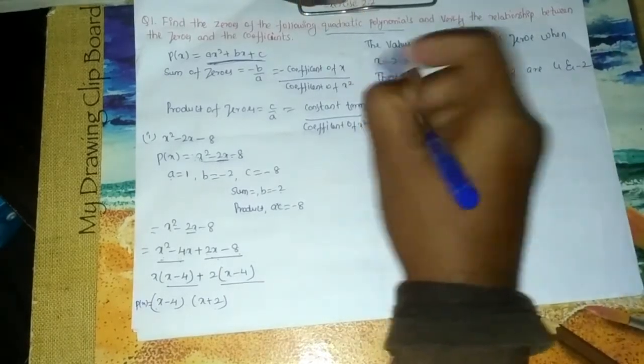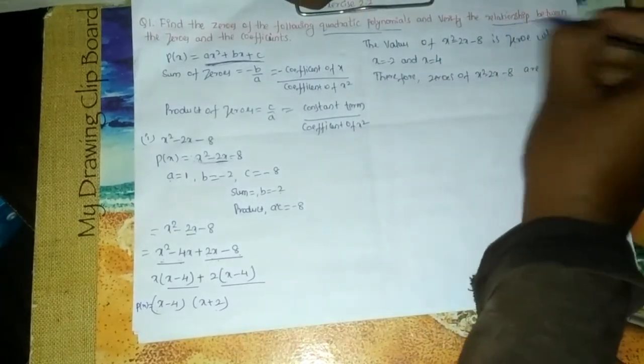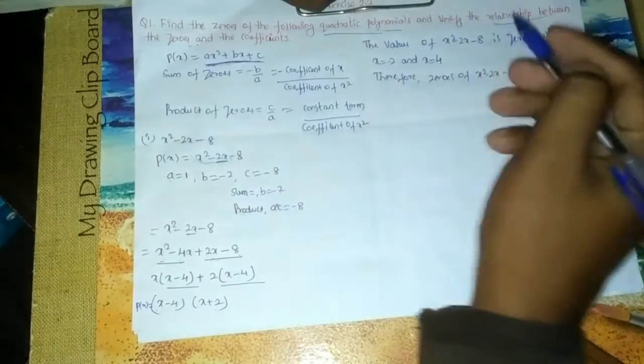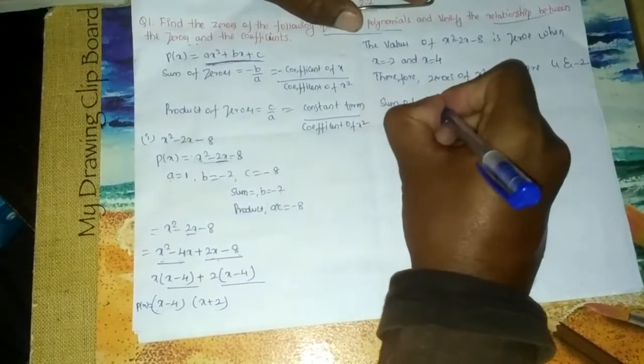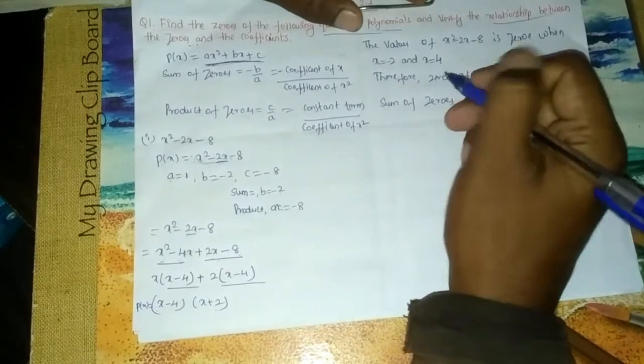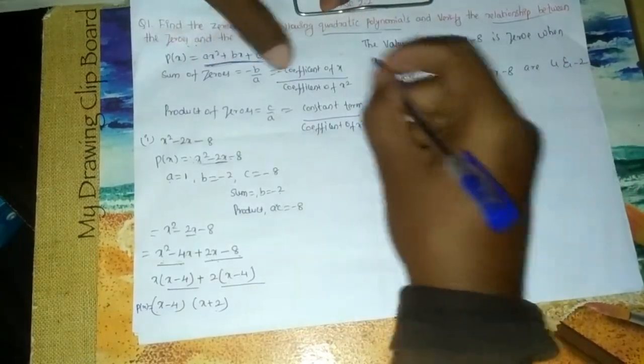Okay, now we need to verify the relationship between the coefficients and the zeros. So we know that the sum of zeros, this we will try to verify.